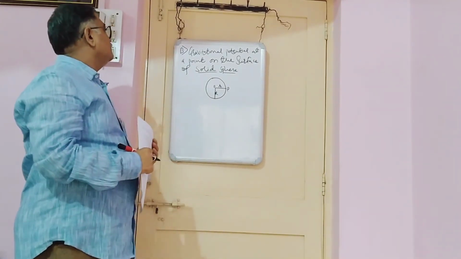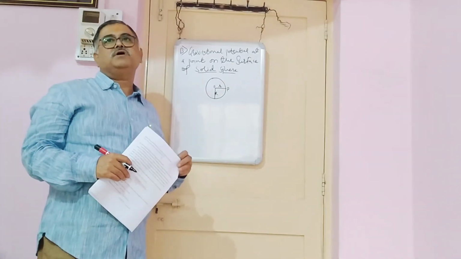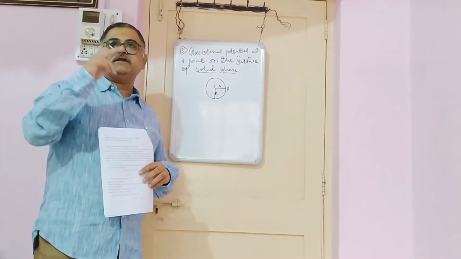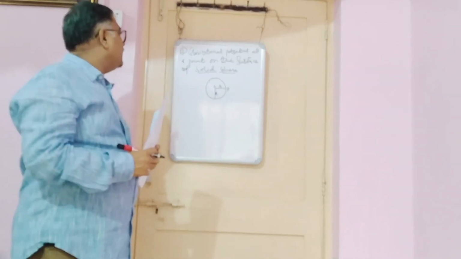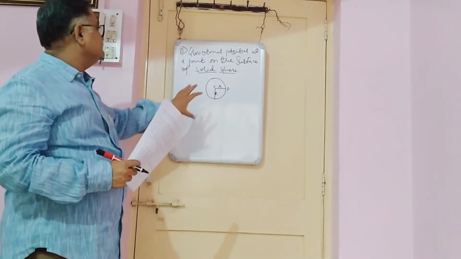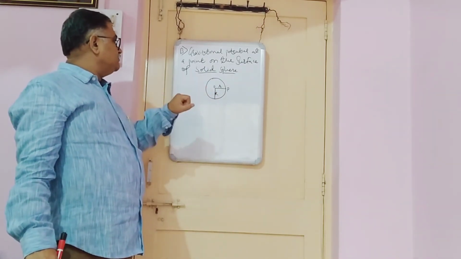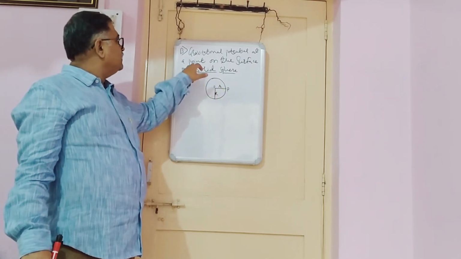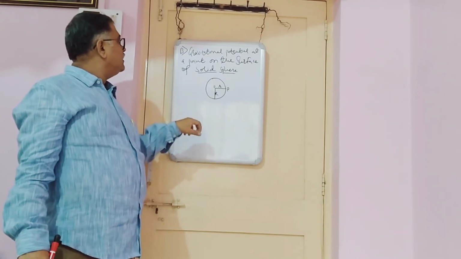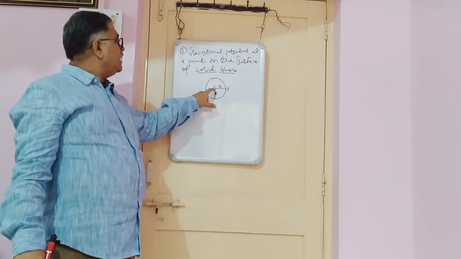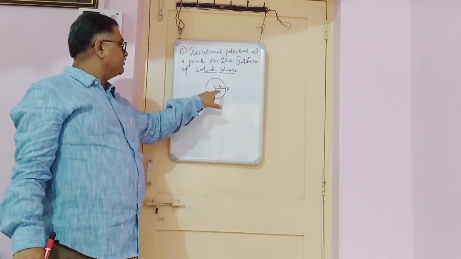The sphere is made up of a number of concentric cells, and here this is the sphere, O is the center of the sphere. We take a point P on the surface, and small r is the distance of that point from the center of the sphere.